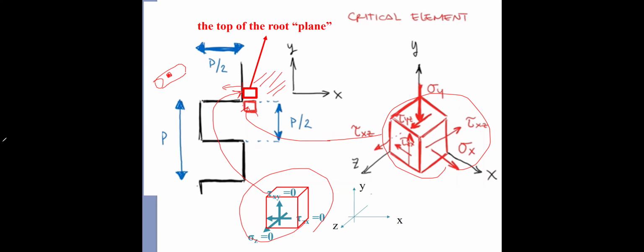I'm not going through the detail of this, but I just want you to note that at the top surface of the root plane, the transverse shear equals 0.